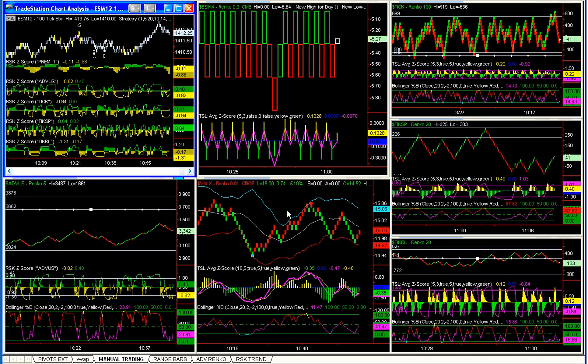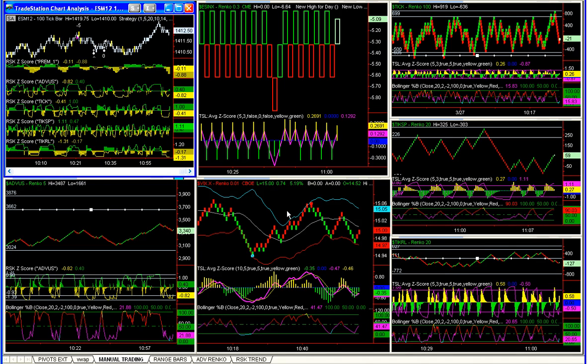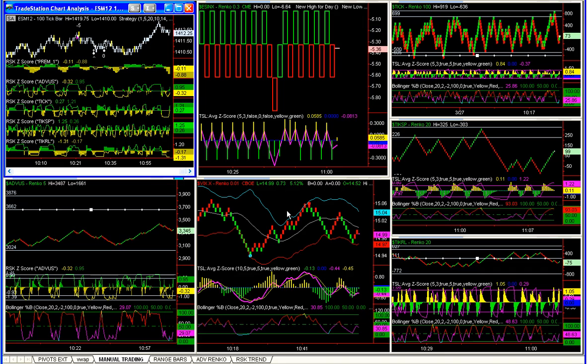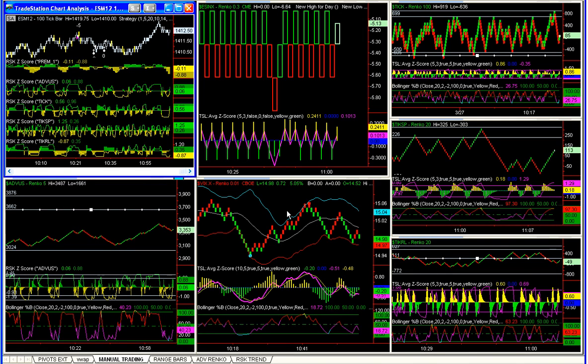The concept behind how to use this workspace is very simple. We want the slope of the Z-score to agree with the direction of the trade on all of our data feeds. Now there's a couple of exceptions to that. The VIX, for example, works inverse to the Spoos, so that slope is going to be just the opposite.